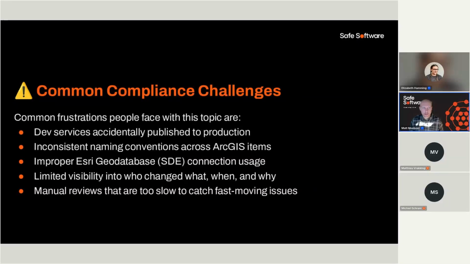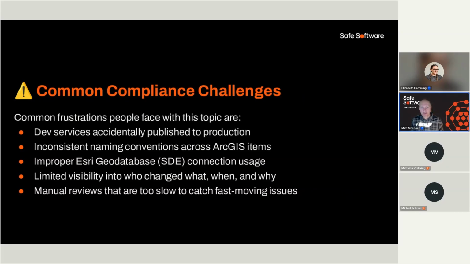But compliance can be tricky to enforce. Some of the challenges and frustrations people face are development services accidentally published to production, inconsistent naming conventions and duplication of items, improper connection usage if we're dealing with Esri geodatabases, and limited visibility perhaps into what has changed when and how.